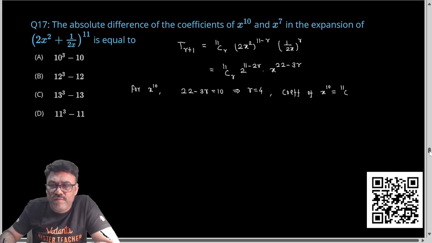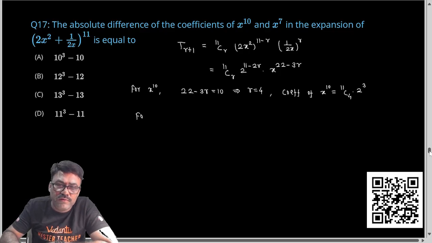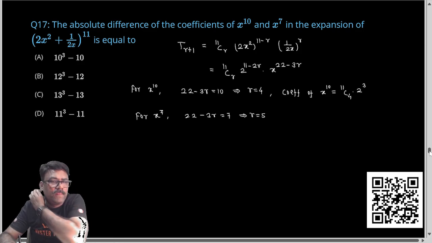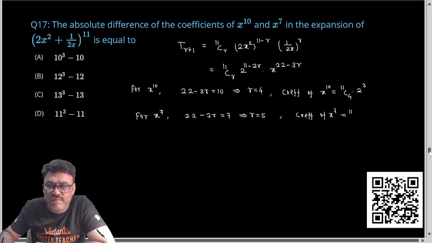So 11C4 and 11 minus 8, so 2 raised to 3. And for x raised to 7, this 22 minus 3r should be 7. So r is 5. So the coefficient of x raised to 7, put r equal to 5, is 11C5, 2 raised to 1.